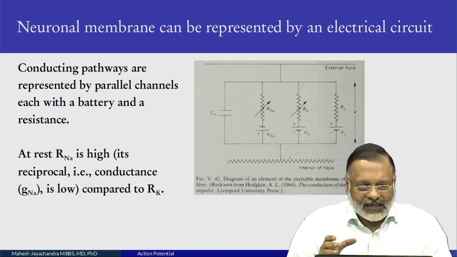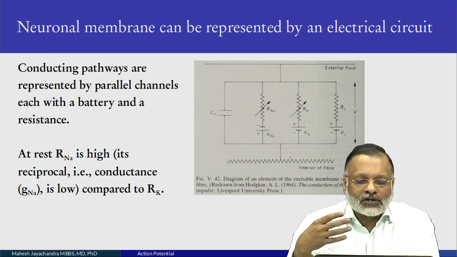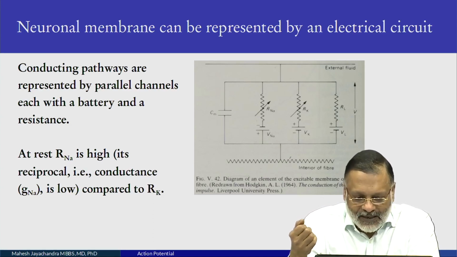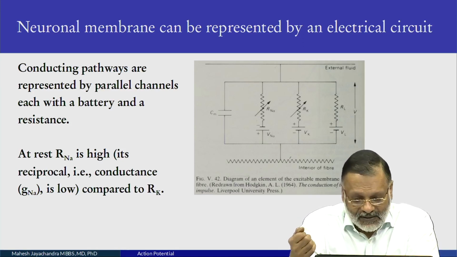Each of these channels has a battery and a resistance. The battery is the electromotive force which pushes the ion into or out of the cell. At rest, the resistance for sodium is high. Its reciprocal, which we actually use rather than resistance, is the conductance, denoted by G, and it is low compared to potassium.